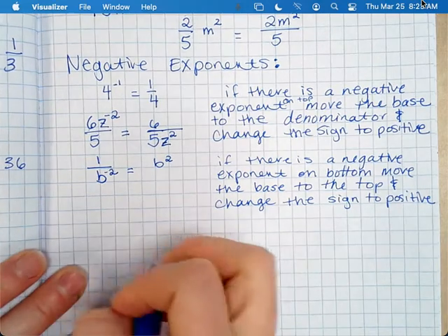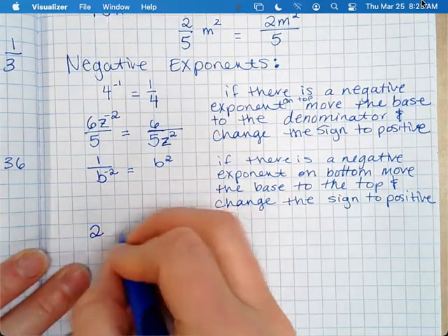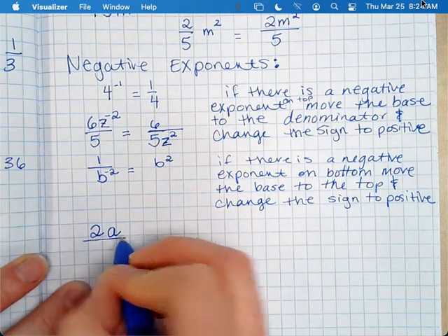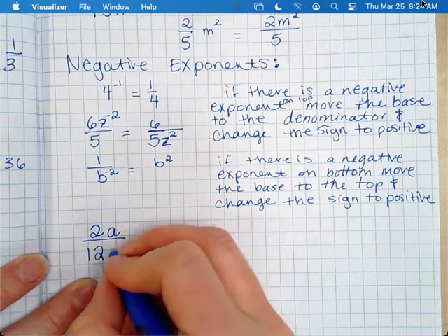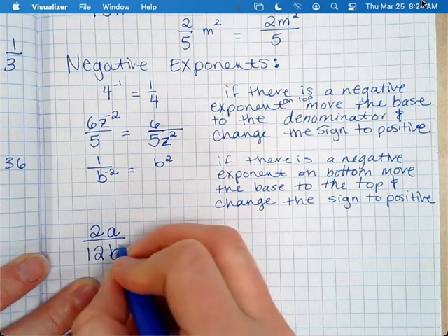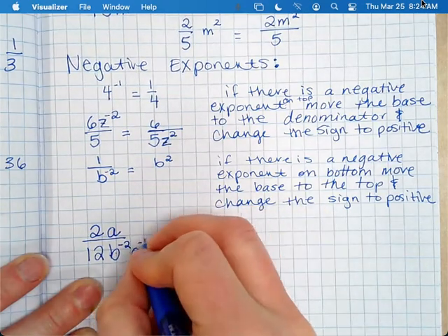Okay, so another example, like 2a over 12 b to the -2 and c to the -1.